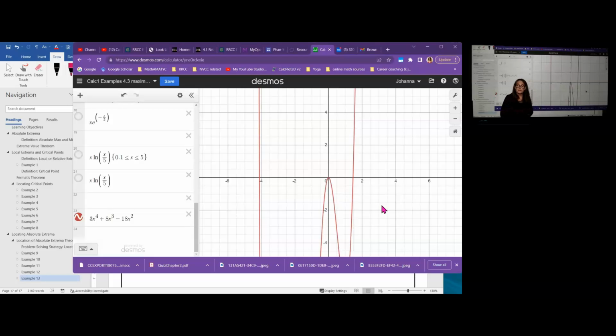This is the graph of a fourth degree polynomial with a positive leading coefficient, so it opens up on both sides. There is no absolute maximum. In this case, it turns out that the zero is a local maximum.